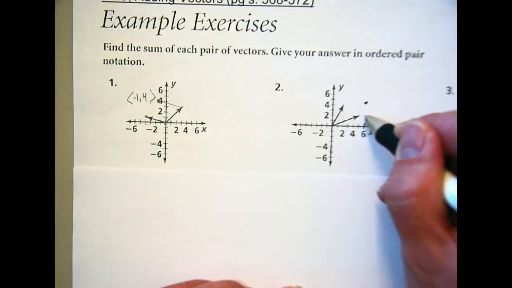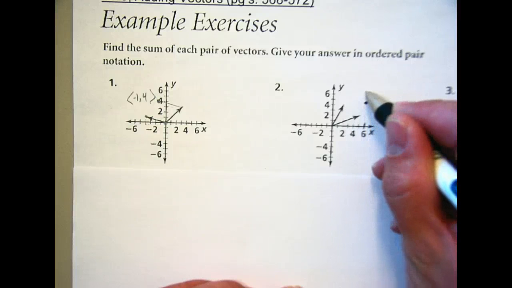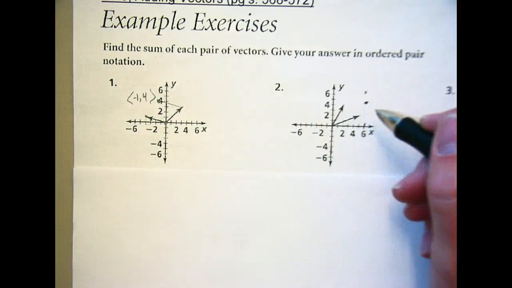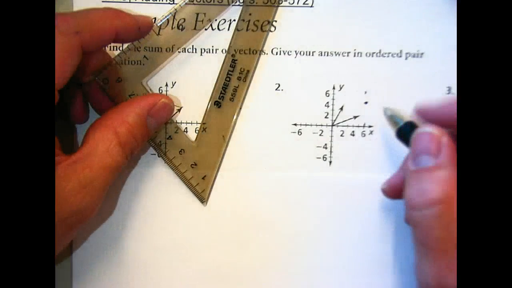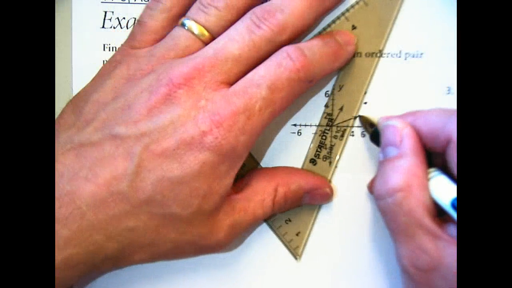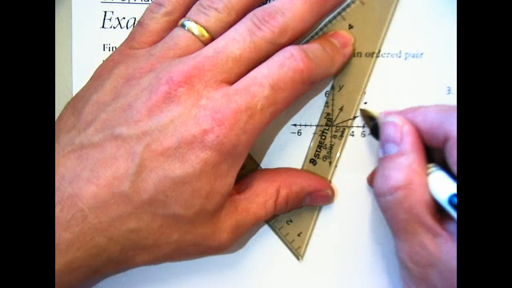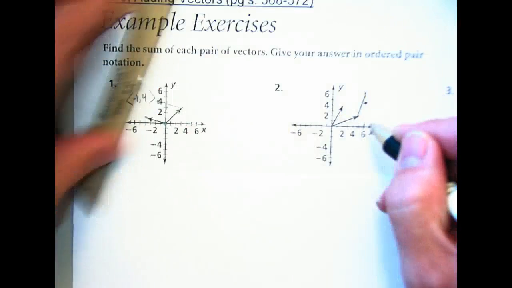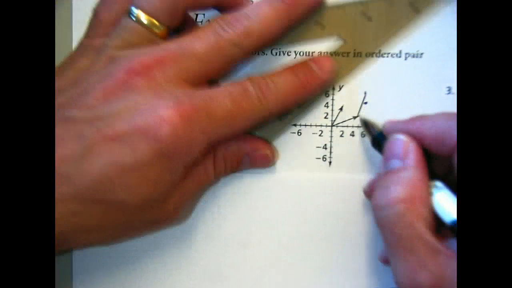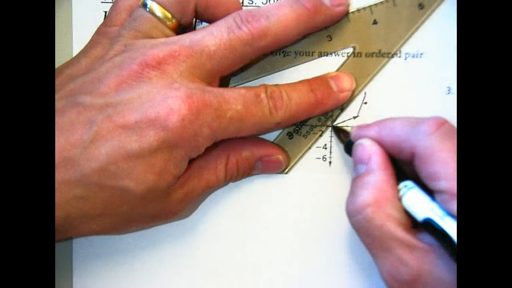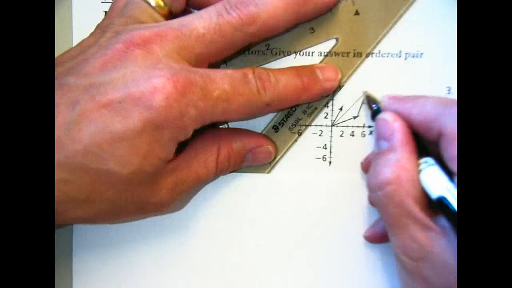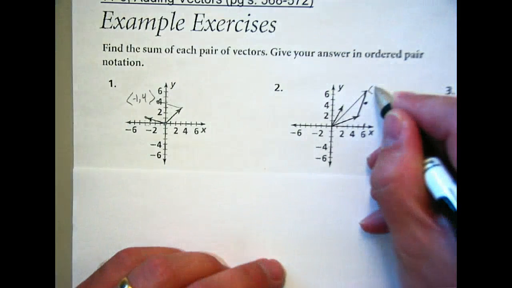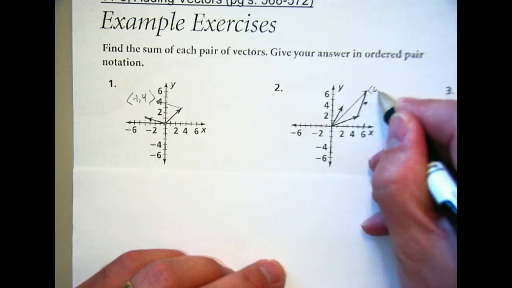Maddie corrected me, so you guys get a bonus point. Are you keeping track of points? We have 2 anyway. Now that's not an amazing job, but here's my resultant. That resulting vector is at 6, 6.